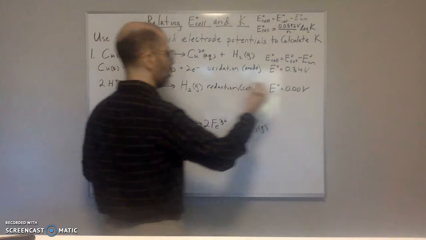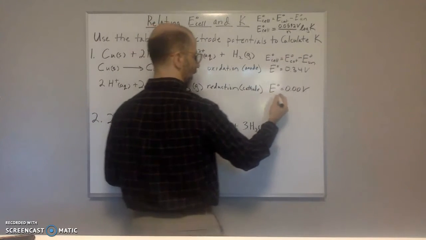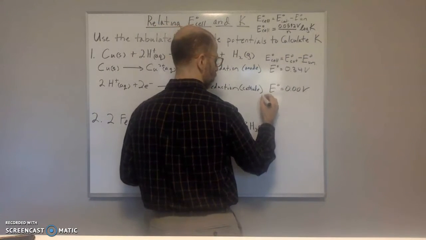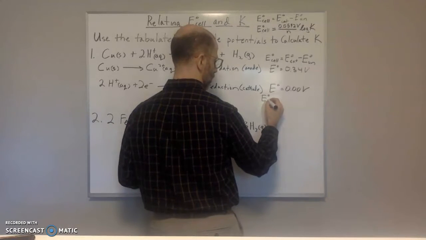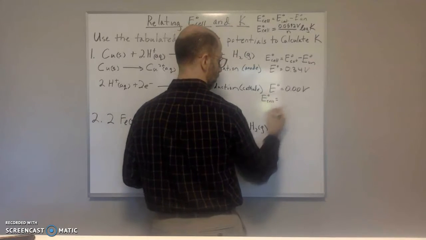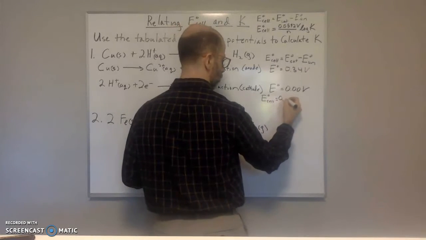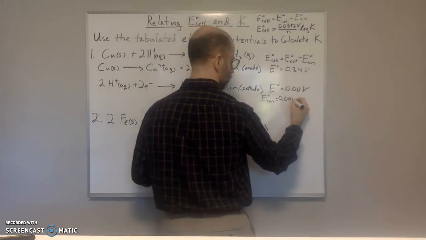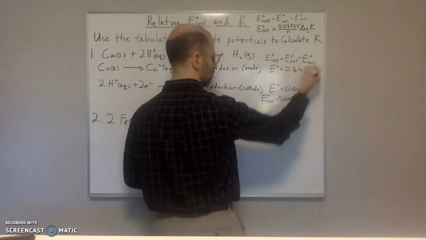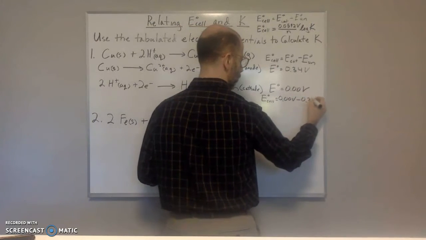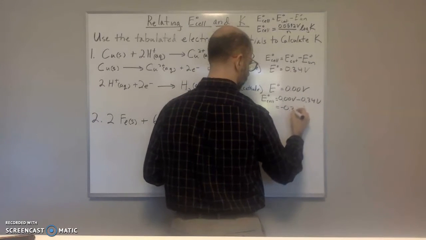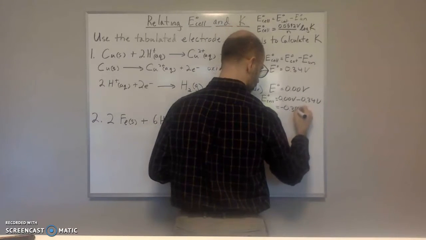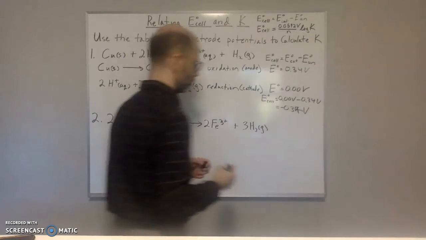So if you do cathode minus anode, the electrochemical potential of the cell is going to be equal to the cathode, 0.00 volts, minus 0.34 volts. So we get negative 0.34 volts.